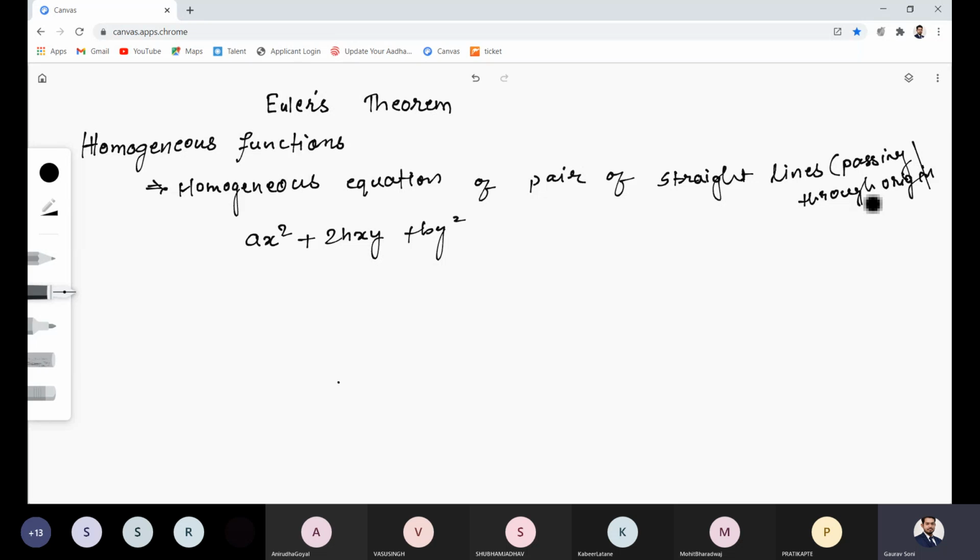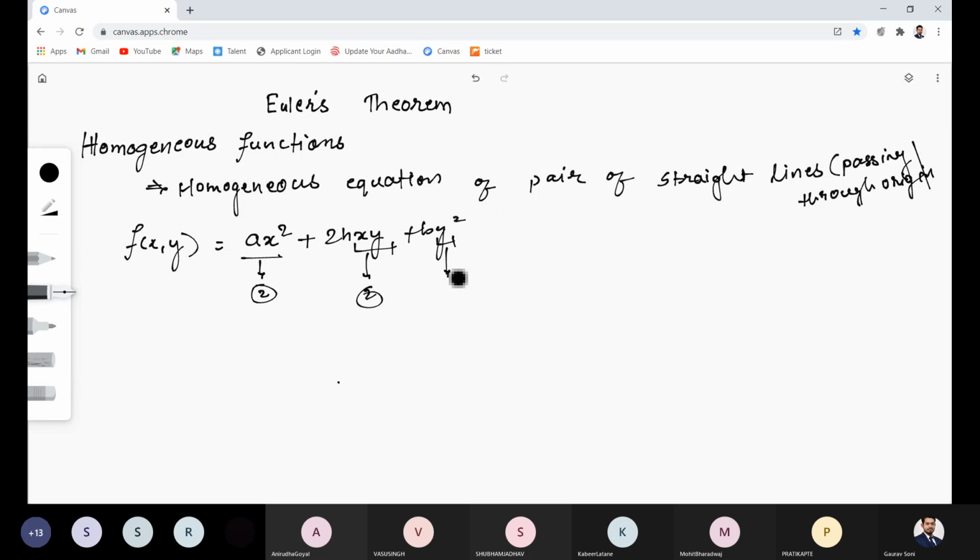So this was the equation. Why do we call it homogeneous? Because you can observe each and every term over here. The first term, degree is 2. The second term, there are two variables, both of power 1. Total degree of second term is 2.